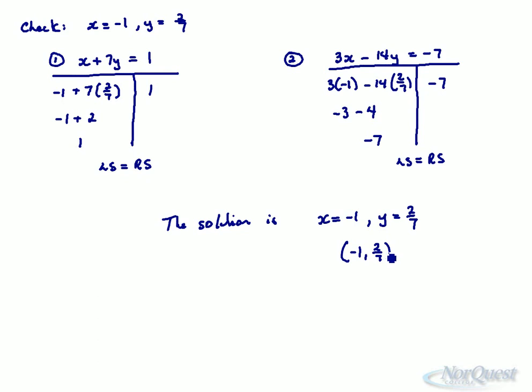Let's do another example with substitution. So this system, I'm going to have equation 1, which will be 2x minus 3y equal to 5.